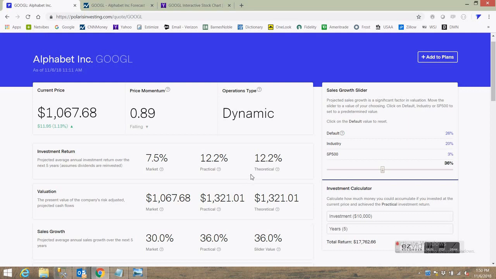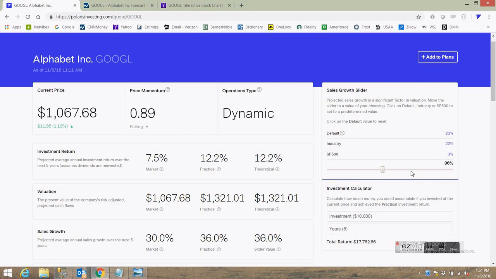I think that's a reasonable thing to do in this case, with such a wide opinion, and really a lot of opportunity ahead of Google. Even though 36% sales growth year over year for 5 years is asking a lot of any company, if any company can pull it off, it's probably Google.